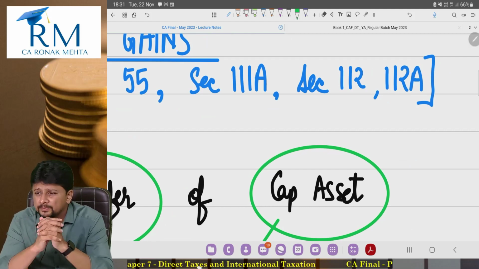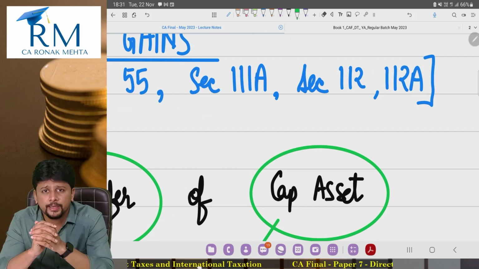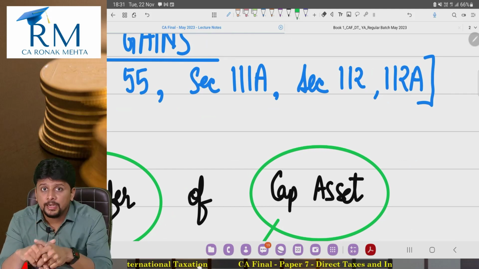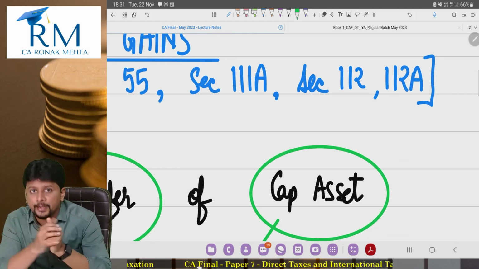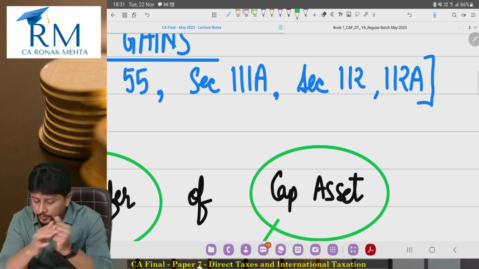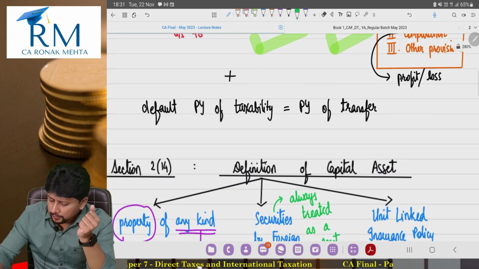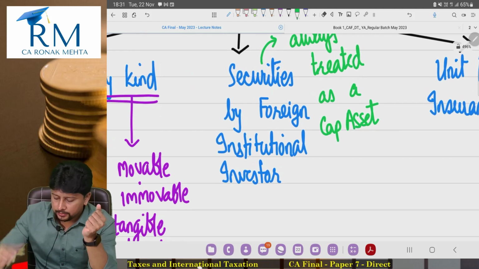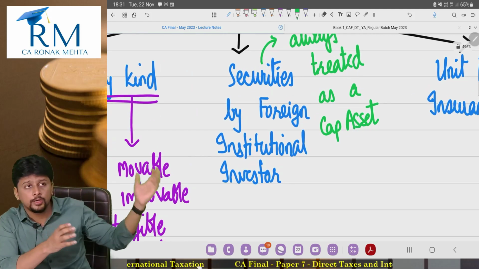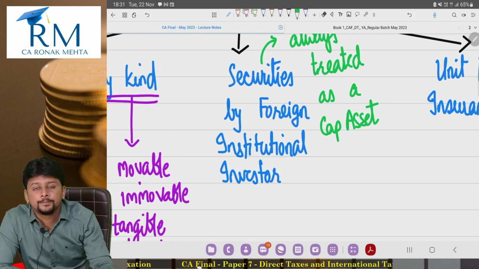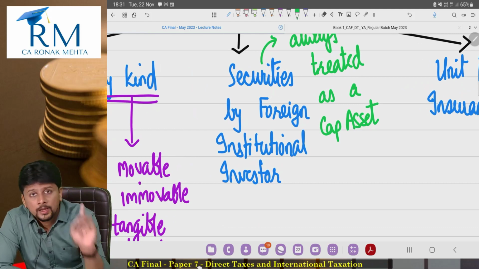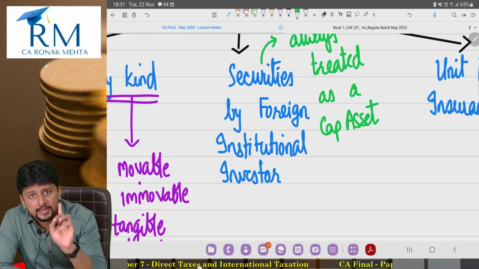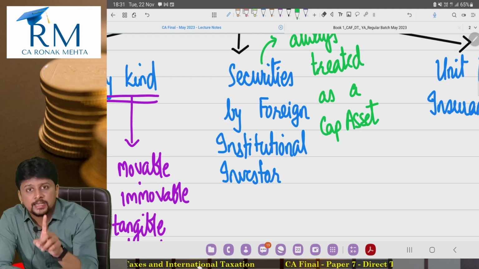There are some sections where capital gains is taxed at a different tax rate. Foreign institutional investors will generally have a high tax rate. They are foreign investors. They would fall in the category of foreign companies, 40%. But no, if we consider it as a capital asset, always the capital gains head will apply.